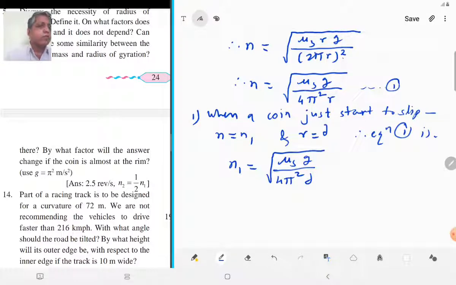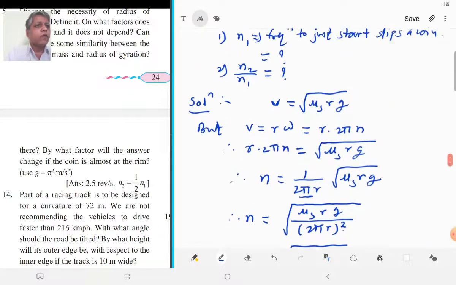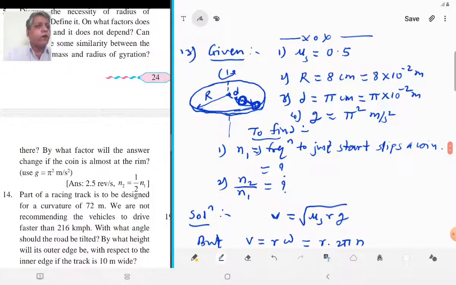Now substitute the values of mu s, g and d in this equation. Here mu s is equal to 0.5, d is pi into 10 raised to minus 2, g is pi square.